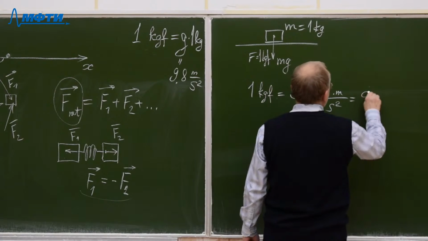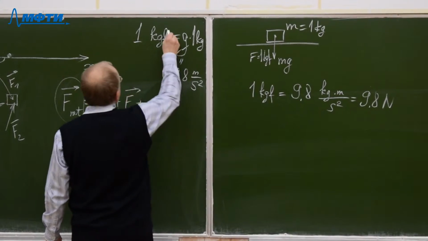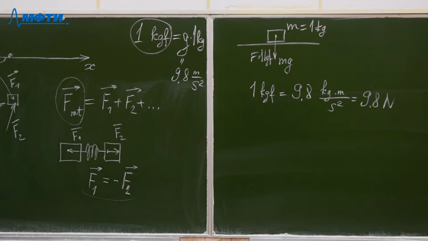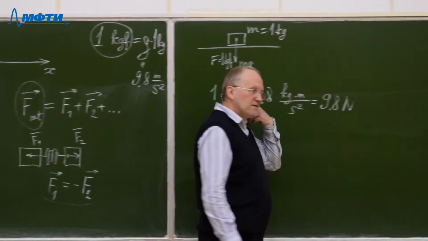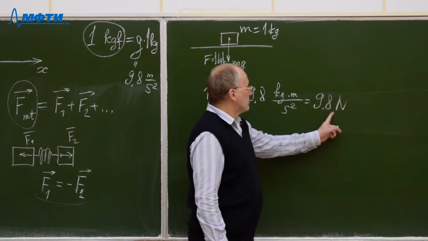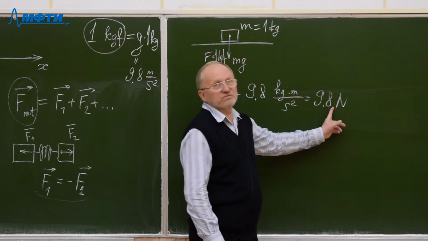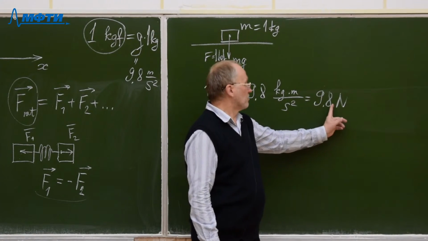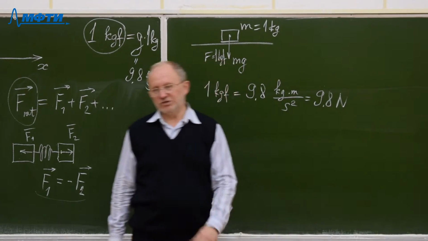That is 9.8 newtons. That's what 1 kilogram force is. 9.8 approximately. This approximation is quite acceptable. It's enough for solving most problems. You don't need to consider many more digits here. Enough to have 2 digits.